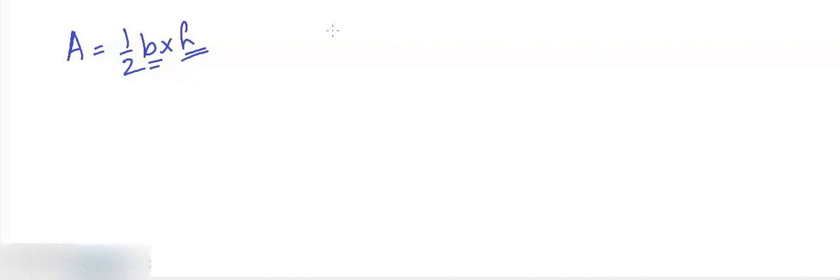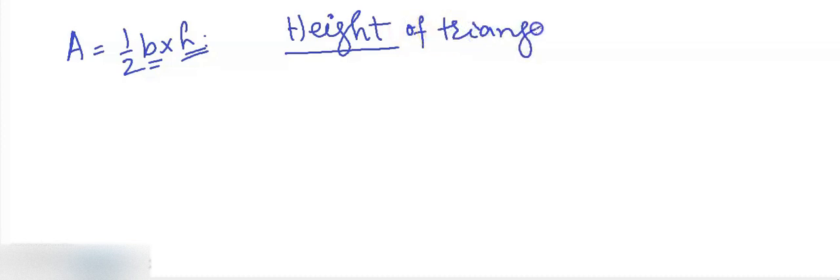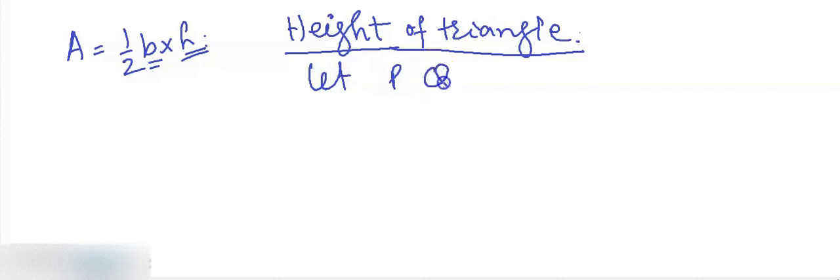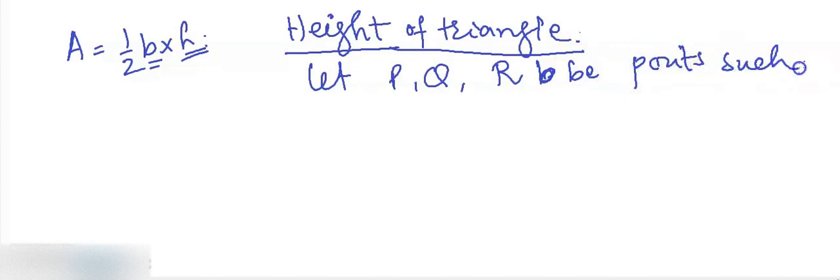If you know calculating the equation of the lines, then this must be easy. But for 7.1 readers, I will recommend you must know what is the height of a triangle. So this is really relative. Let P, Q, R be points such that they form a triangle.